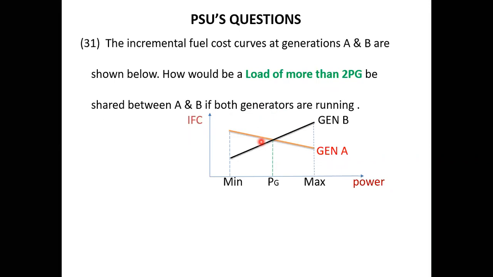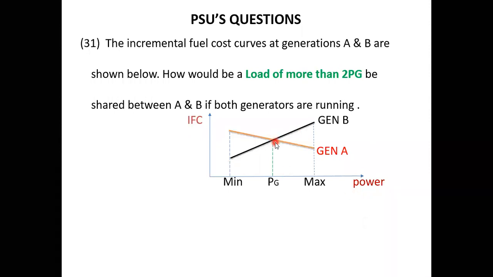There are two generators, generator A and generator B. The red line is the characteristics of generator A and the black line is the characteristics of generator B. This characteristics is incremental fuel cost versus power. The y-axis represents incremental fuel cost, whereas the x-axis represents power generation.